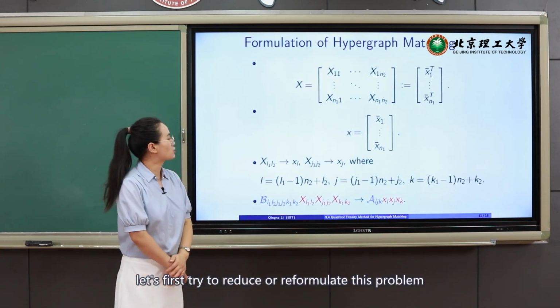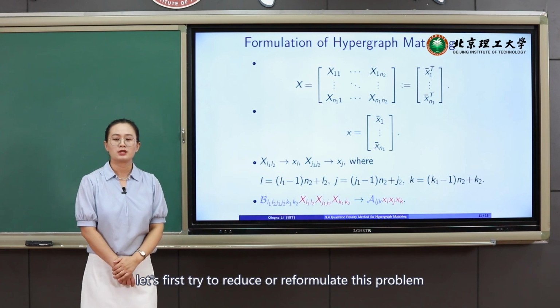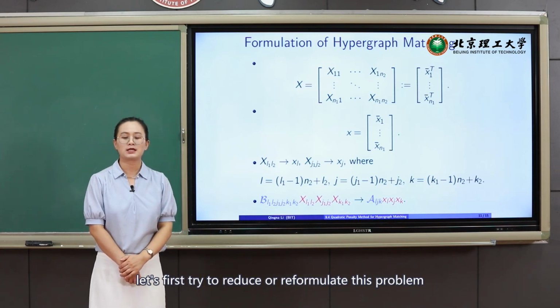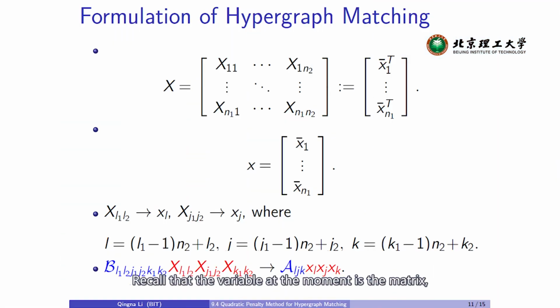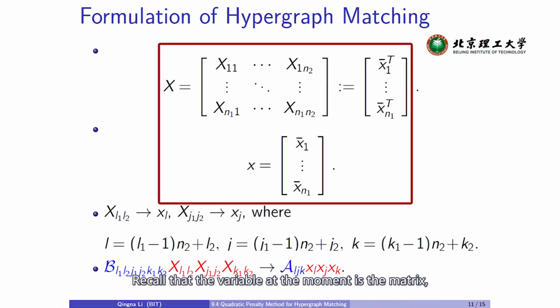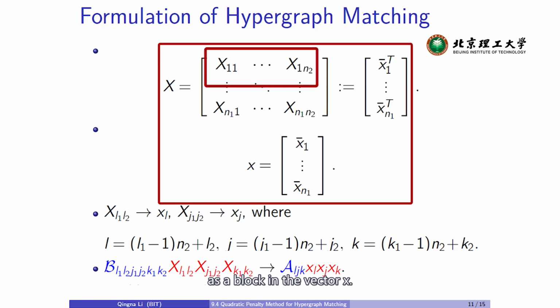Now, let's first try to reformulate this problem into a vector case. Recall that the variable at the moment is a matrix. So we transform this matrix X into a vector x by putting each row of X as a block in the vector x.